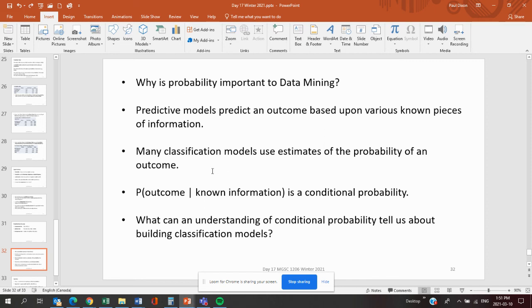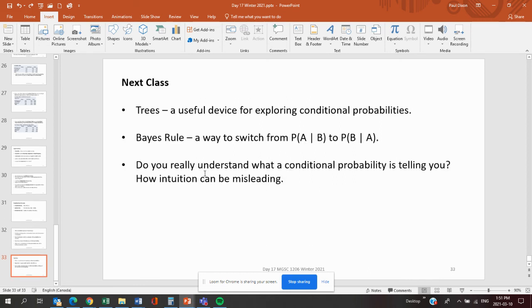So a logistic regression is really calculating a conditional probability, the chance of an outcome given information we know about customers. And so conditional probability is important for building those classification models. It's also important for evaluating how good a model is. And we'll see that when we come to it.